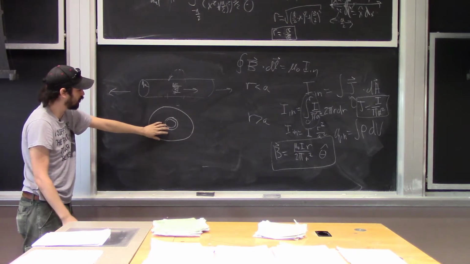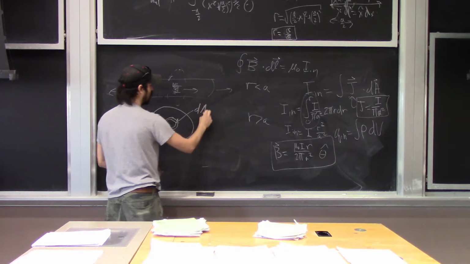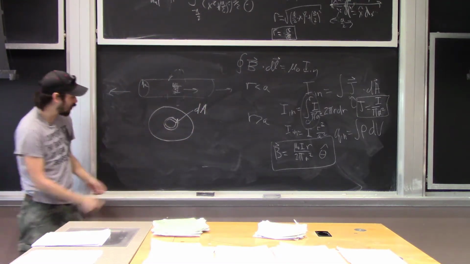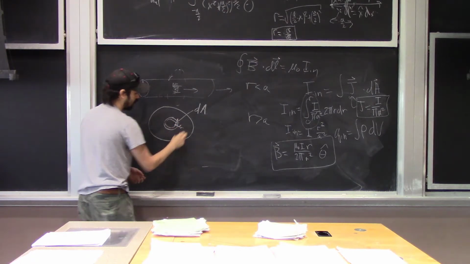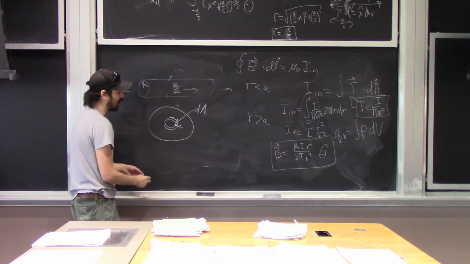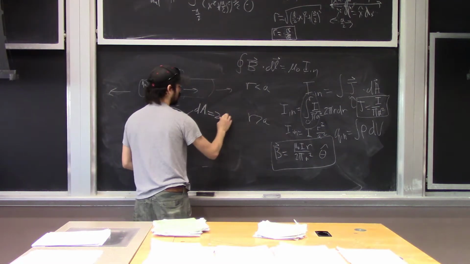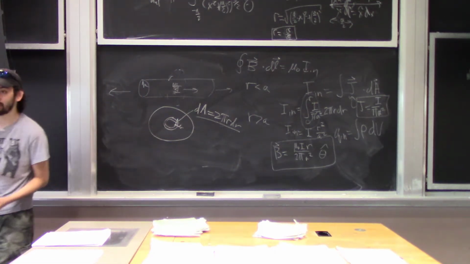So what we're really interested in is what is the infinitesimal area dA for each one of these rings. It has some thickness here of dr, and then it has some circumference of 2 pi r. So that tells me that this is going to be 2 pi r times dr. So that's ultimately where that comes from.